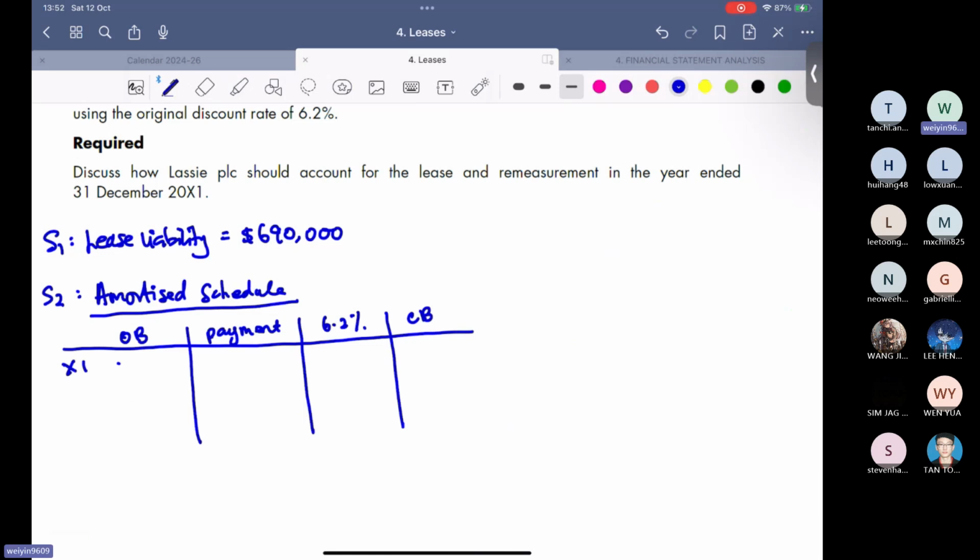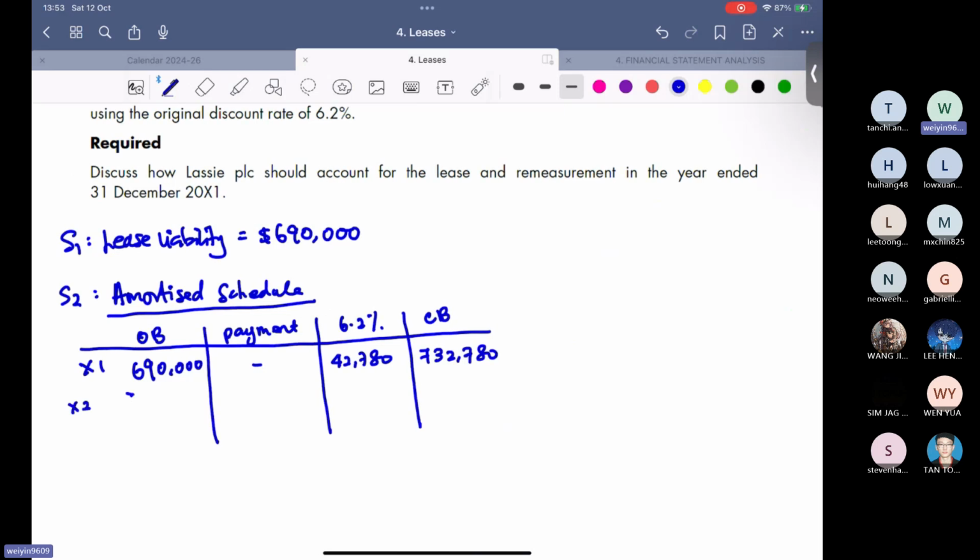Opening balance 690,000, no need to have the payment. Then I calculate my percentage: 690 times 6.2%, so I get 42,780. So I get 732,780. Then I continue to X2: 732,780 minus this 200,000.